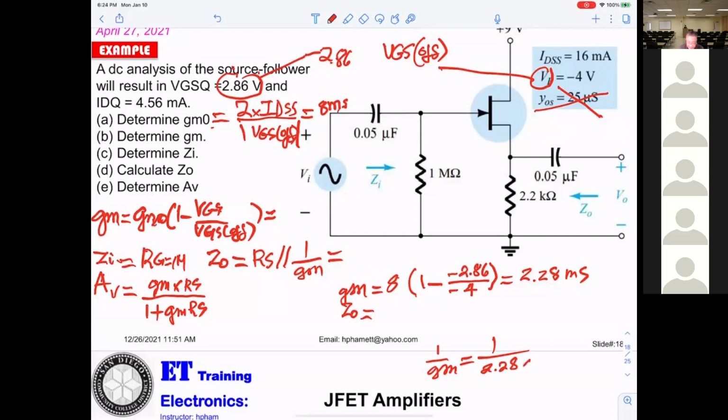Milli, that means 10 power minus 3. Okay, 1 over 1 divided by 2.28. You get 0.38.